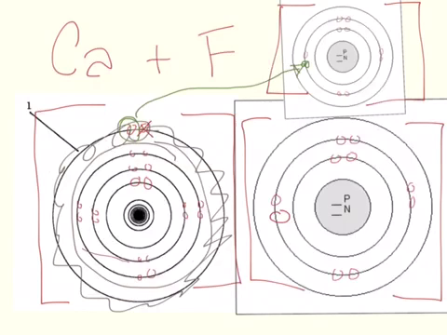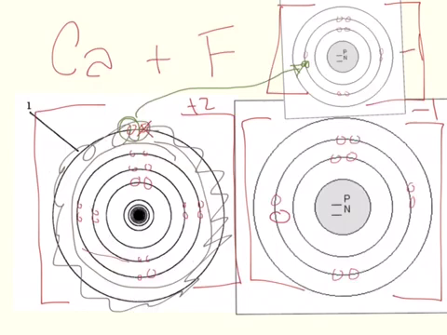Then you're going to write the charges. So calcium, or Ca, lost 2 electrons, so it's going to have a positive 2 charge. Now each of the fluorine gained 1 electron, and so it's going to have a negative 1 charge.